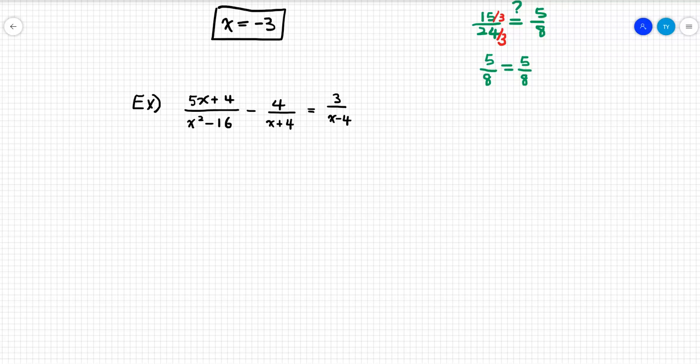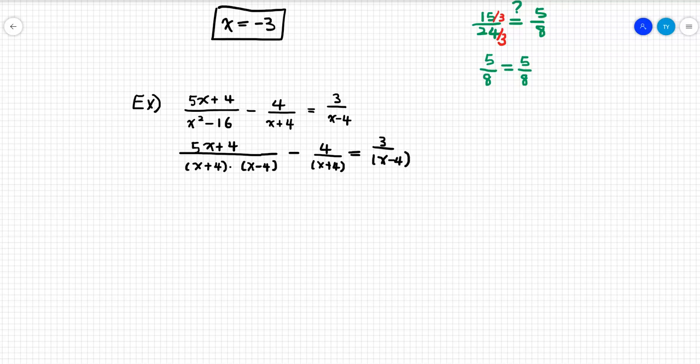So here it's pretty easy. x squared minus 16 is the difference of squares. I can rewrite this. Then I have x plus 4 times x minus 4, minus 4 over x plus 4 equals 3 over x minus 4.